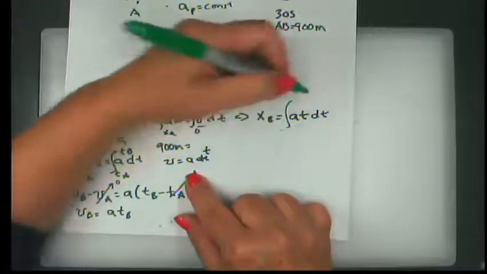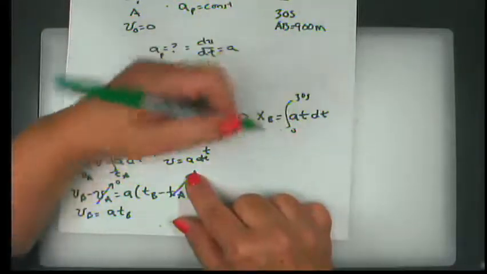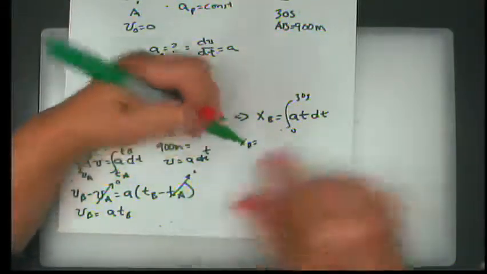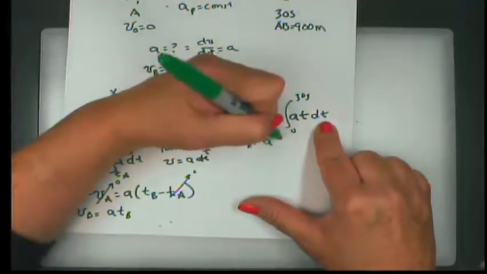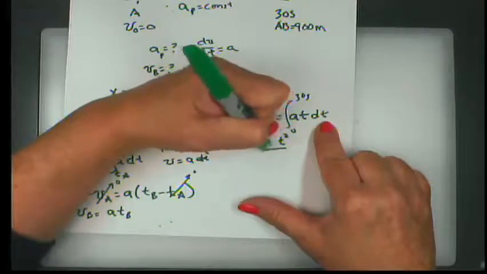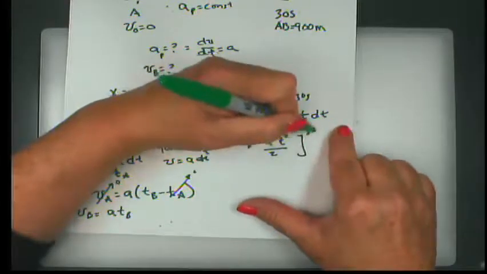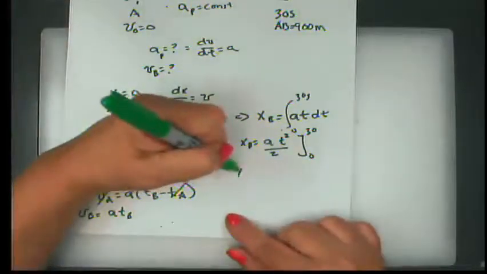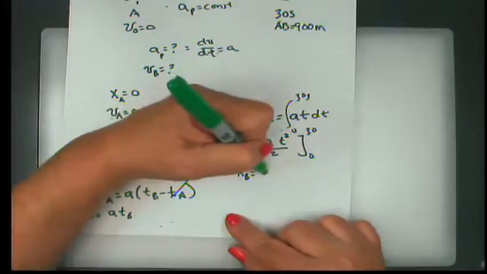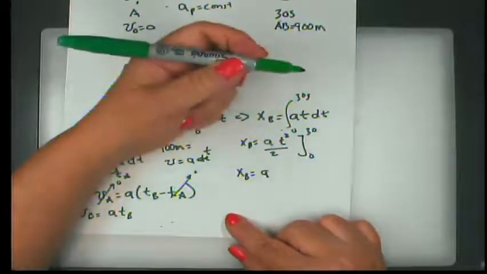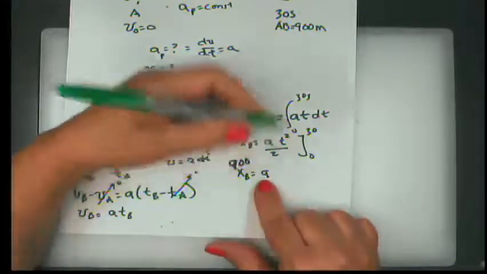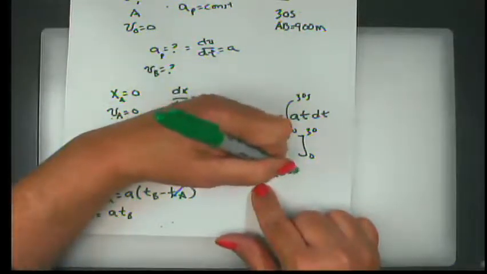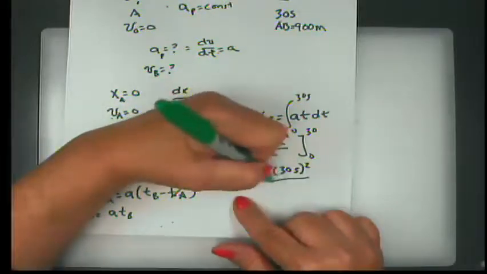And if I do that antiderivative, since I have t dt, I know that acceleration is constant. That means that this is t squared over 2, evaluated at 30 and 0. So I'm going to say x sub b then is equal to a, oh, I know what this value is. This is 900 equals acceleration times the time of 30 seconds squared over 2.